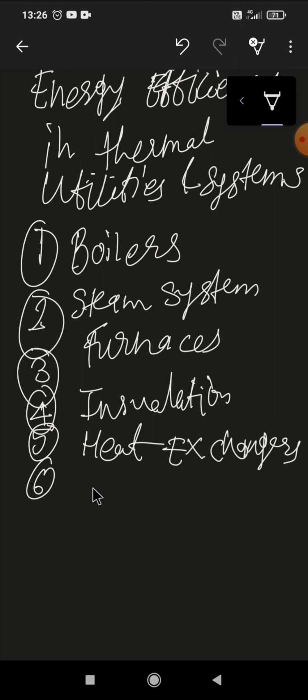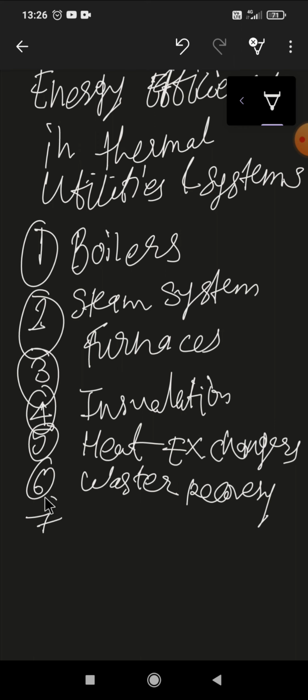Then waste heat recovery: how we can recover waste heat, and the various devices, such as the economizer, air preheater, recuperator, regenerator, etc. Then we saw cogeneration, with the topping cycle and bottoming cycle.